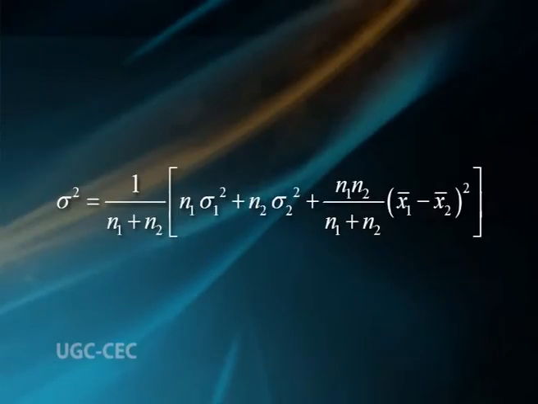Then the new set contains n1 plus n2 observations with a combined mean x bar. Now, the square of the standard deviation of the combined set, say sigma square, is derived as sigma square equal to 1 by n1 plus n2 into n1 sigma 1 square plus n2 sigma 2 square plus n1 n2 by n1 plus n2 into (x bar 1 minus x bar 2) square.